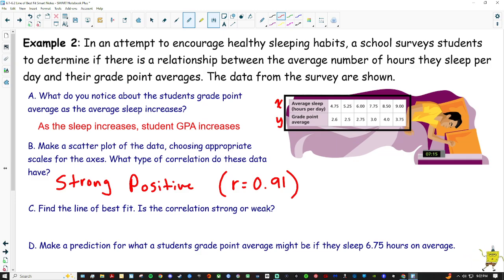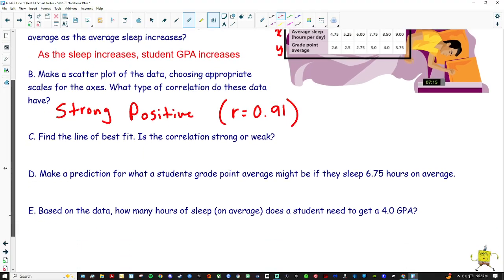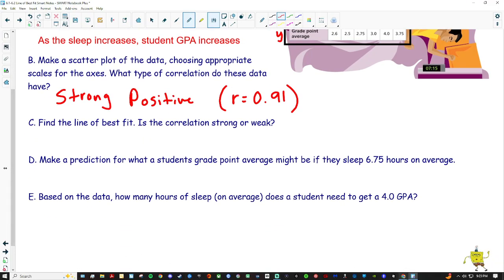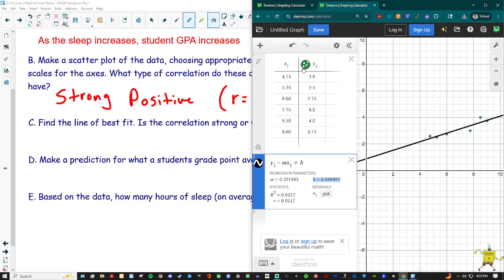So let's find the line of best fit. We've already done that by putting in our cheat code. When we put in our cheat code, we have our m value and our b value. We're going to use those to write the equation of our line. Our m is about 0.3, and our b is 0.9 if we round it.